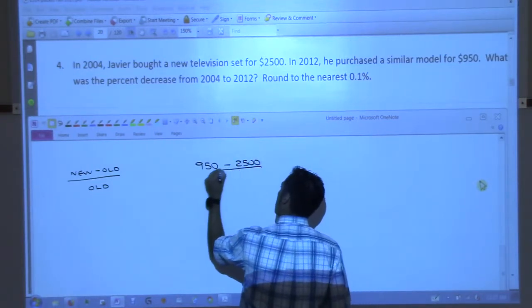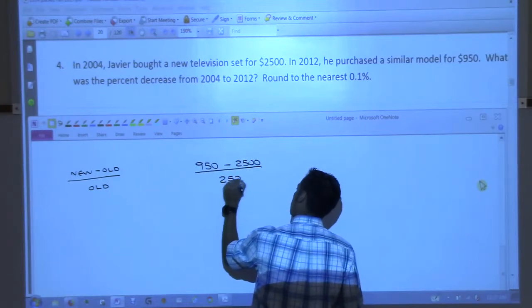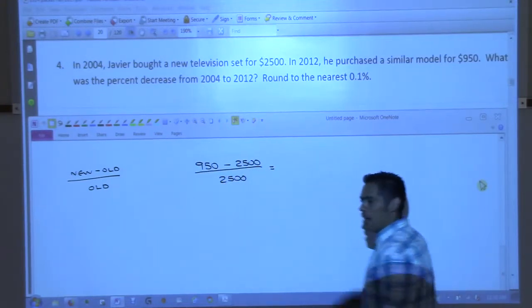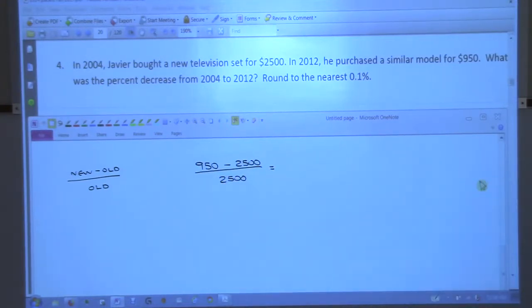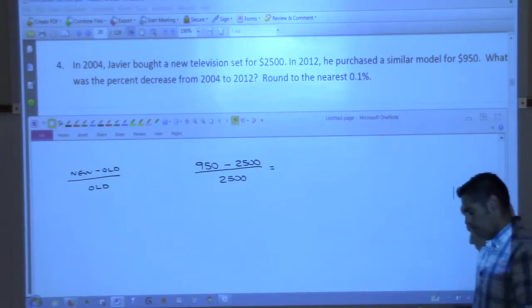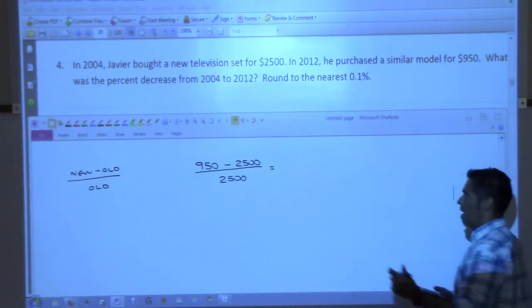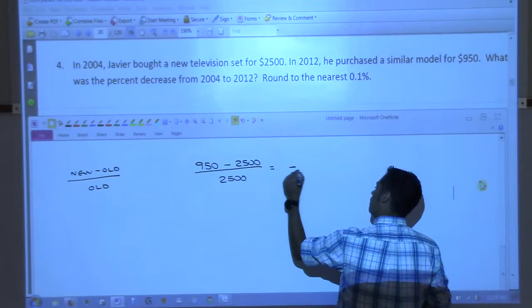We want to divide that by the old price, which was $2,500. And we want to do what's up on top first. Go ahead and subtract that out, and then divide by 2,500. I get negative 0.62.